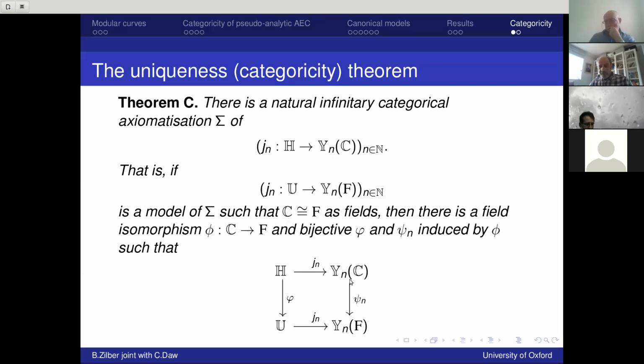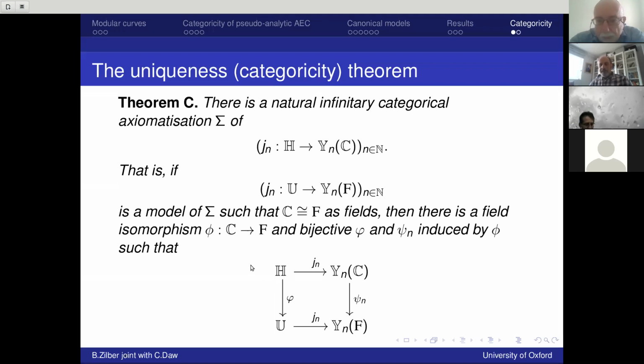And it would agree with a uniquely defined isomorphism on the top, right, on the analytic part.